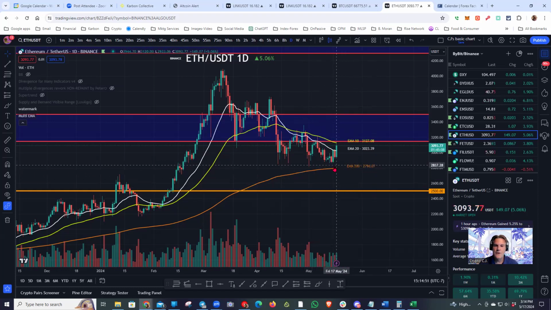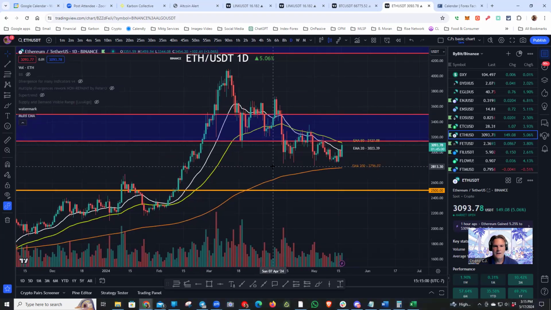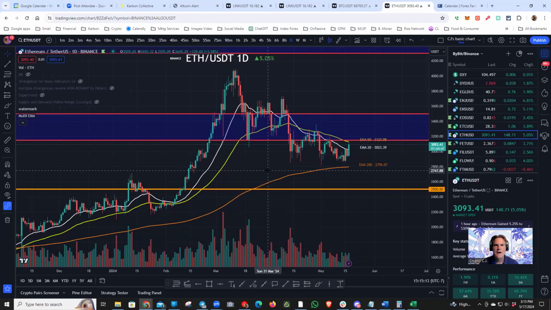We have stayed above the 200 EMA on the day chart, though we've been hanging around the 50 and the 20 EMAs. But Ethereum did have a good day today, over 5%, hence the background. So pretty good day today. Any questions or comments about the markets overall before we go to Altcoin Alert and find some trades?